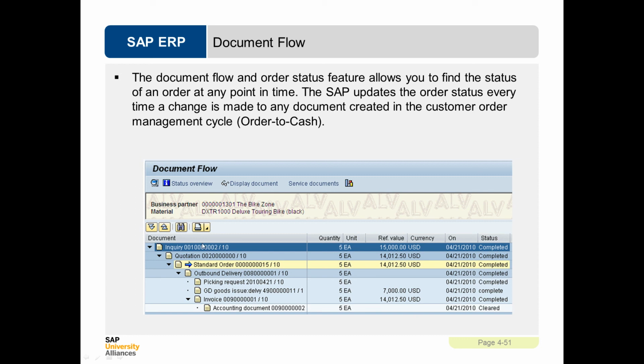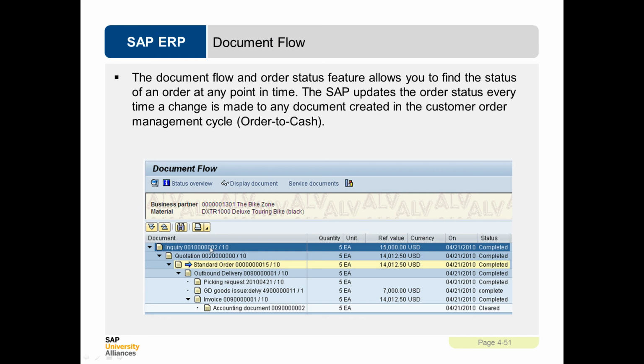So I can follow the process step by step, and each one of these numbers that you see here represent a document that has been created by the system. Now, when we talk about documents and document flow, these are virtual documents. These are not paper trails that we have to follow, but these are electronic documents that the system creates. And by looking up the electronic document number, I can see when it was created, who created it, what they did, how it's changed over time.